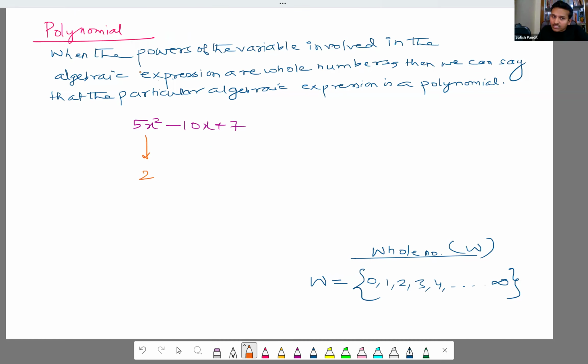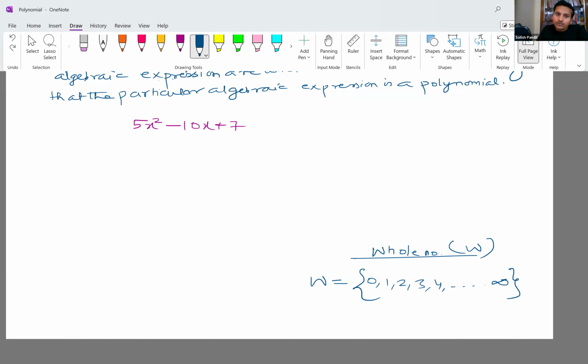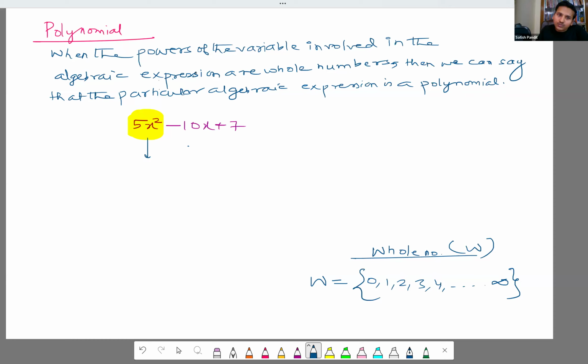If you look carefully, there are 3 terms here. This is one term, another term, and a third term. Maybe I'll write those separately. So if you look at 5x square alone, the power of the variable is 2.